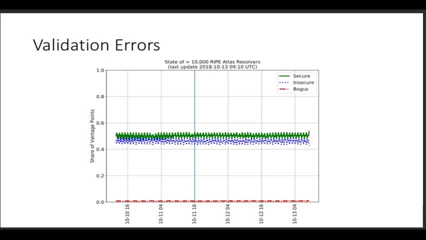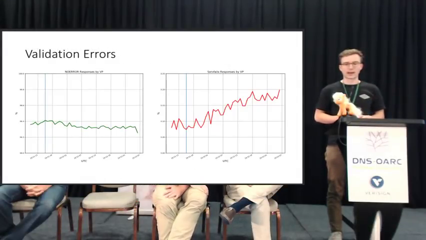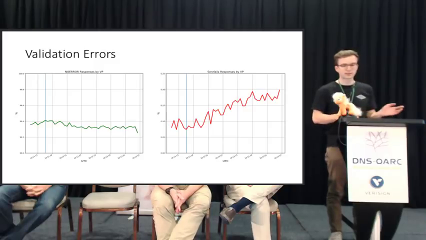So at least from our perspective, this was a very good sign, and resolvers who validated before the rollover still kept on validating, and resolvers who failed before that kept on failing because they were probably broken anyways.